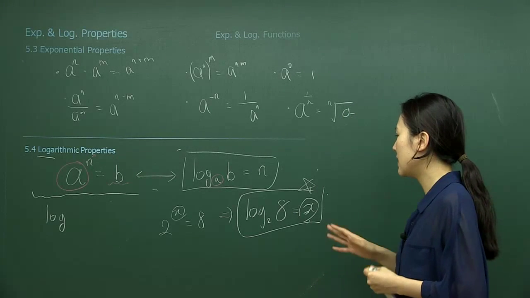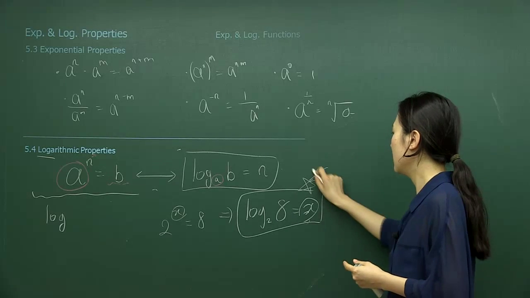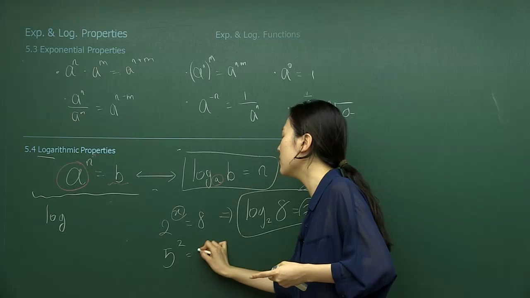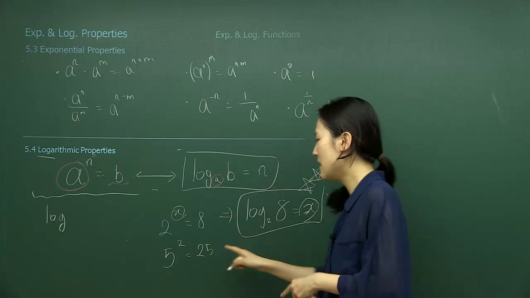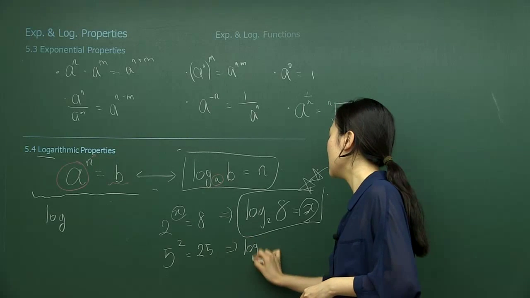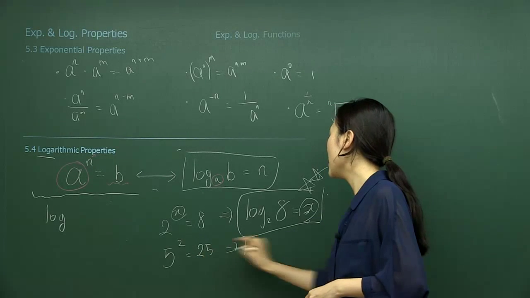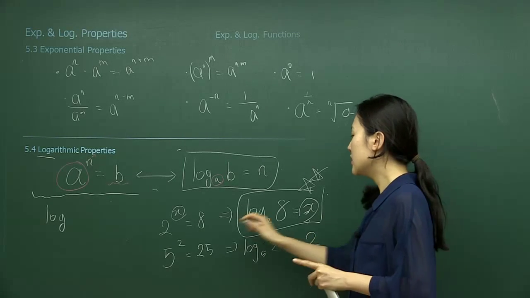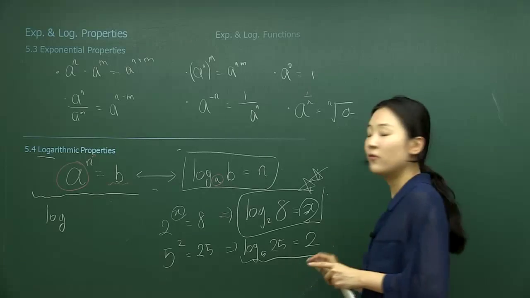However, let me go one more time. If you have 5 squared, and we know that this equals 25, this is boring, so I want to use log to rewrite this. Then I'll write log with base 5. 25 goes next to it, and that should equal 2. Again, same thing, but in a different format.